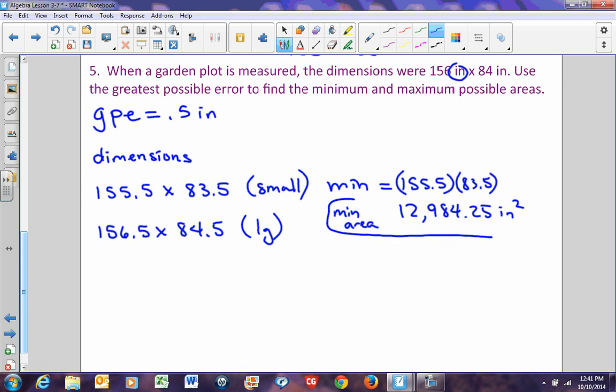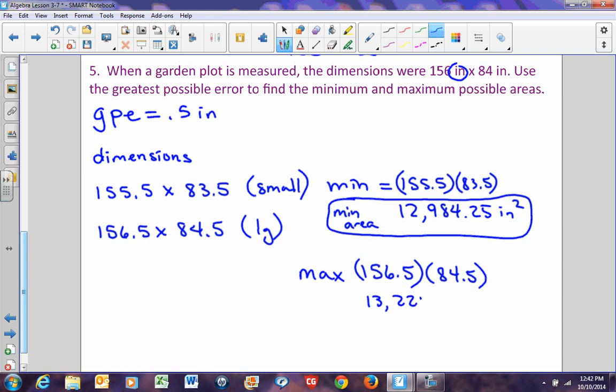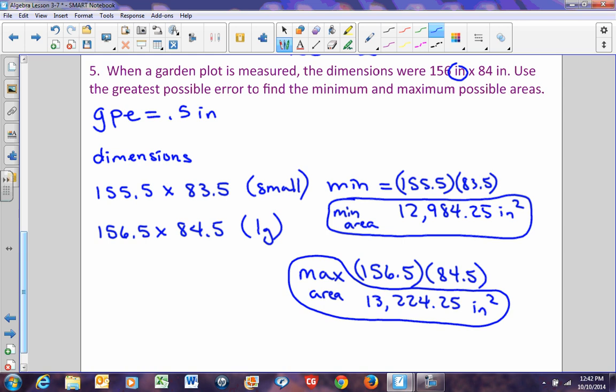Our maximum area means we use our maximum dimensions, 156.5 times 84.5, which is 13,224.25. Again, it's an area, so that would be in square inches. That's our max area. So the greatest possible error tells us how we get our maximum and our minimum area.